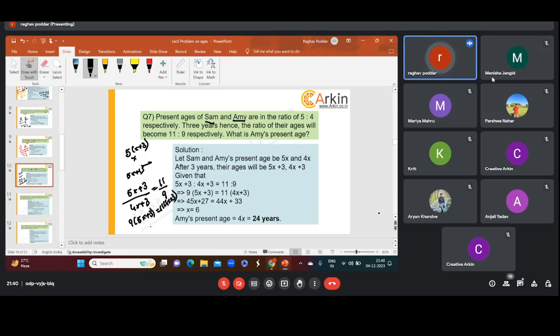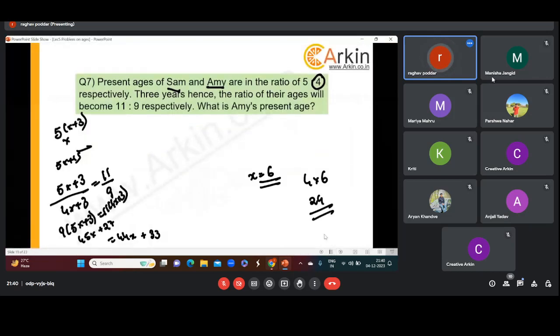So 9 into 5x, that is 45x, plus 9 into 3, 27, is equal to 11 into 4x, that is 44x, and 11 into 3, that is 33. You take x this side and 27 this side, so the value of x is equal to 6. What is Amy's present age? Amy's present age was 4x, that is 4 into 6, which is equal to 24 years.